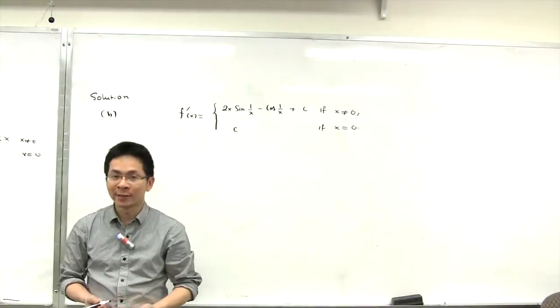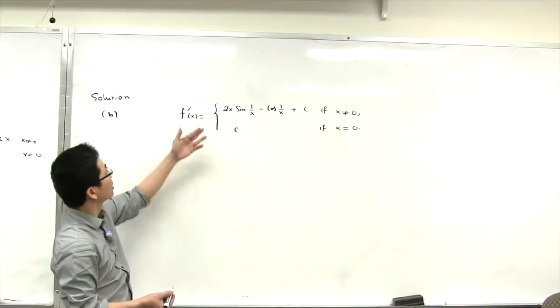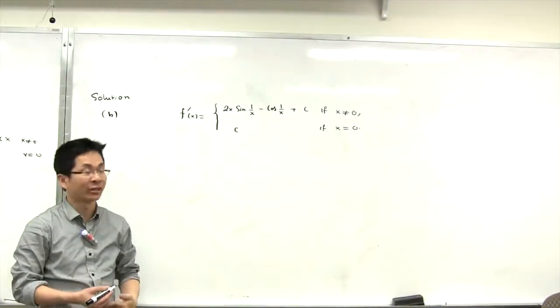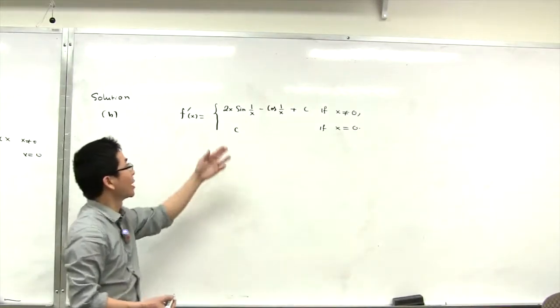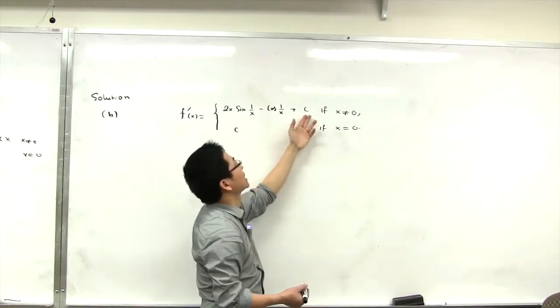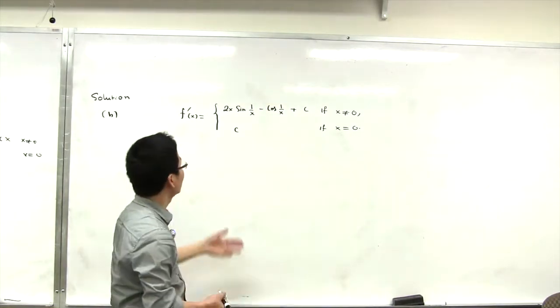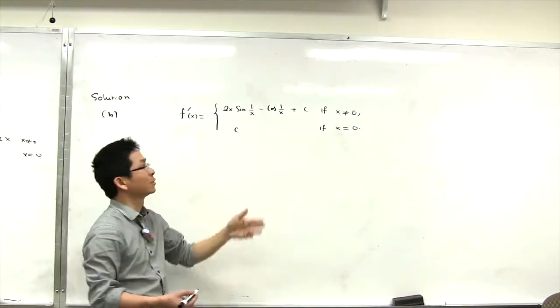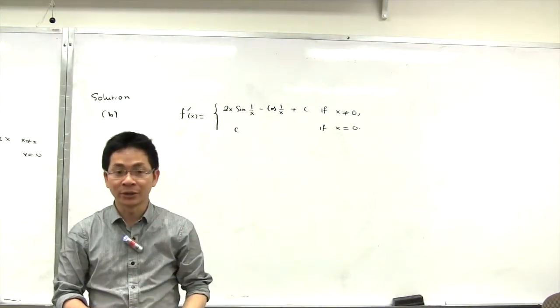Now, for the second part of the problem, recall the following formula for the derivative function. F prime of x is 2x times sine of 1 over x minus cosine of 1 over x plus c if x is not equal to 0, and f prime of x is equal to c if x is equal to 0.